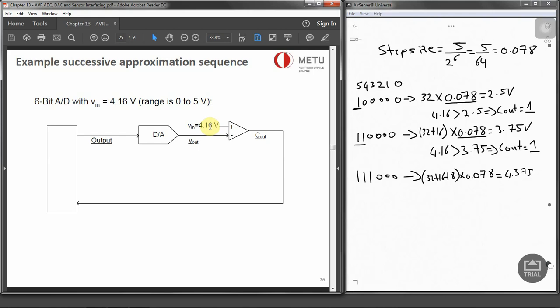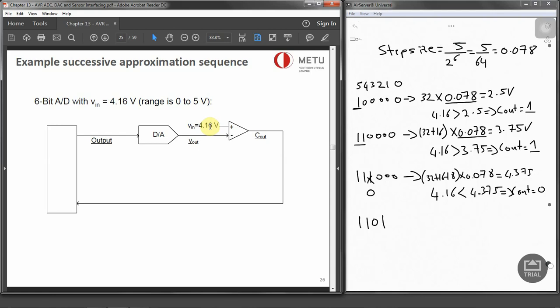That means C out is going to be 0. So we can say that that is going to change to 0. As this is the case, we'll carry on with the next bit, 1, 1, 0. So that's changed to 1, 1, 0 now, because that has to be 0. Then we set the other one to be 1, 0, 0.